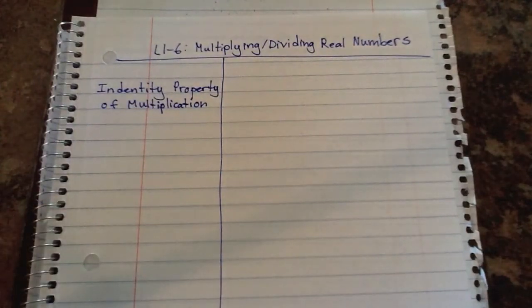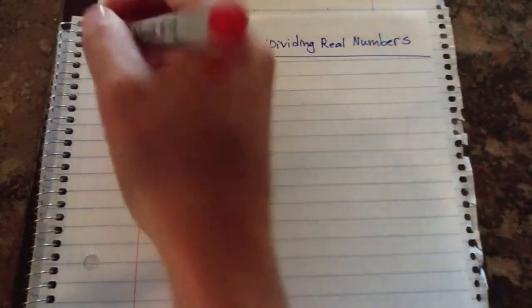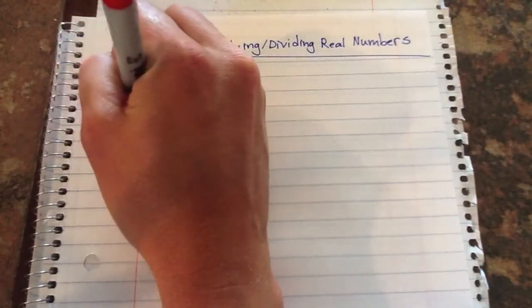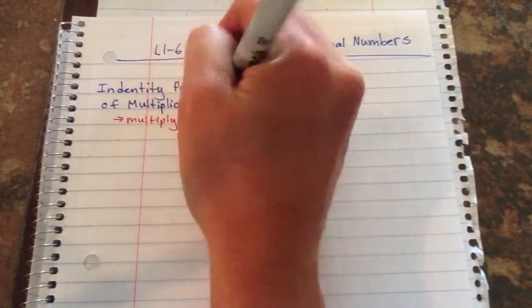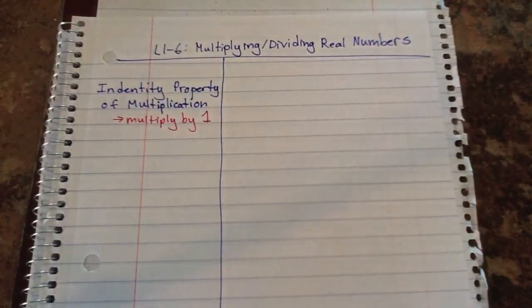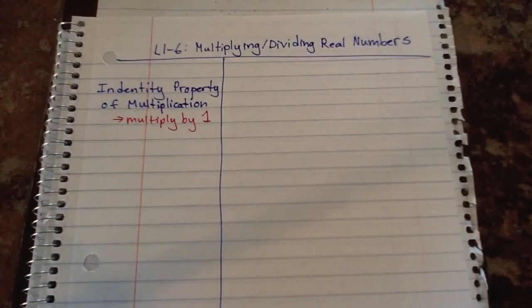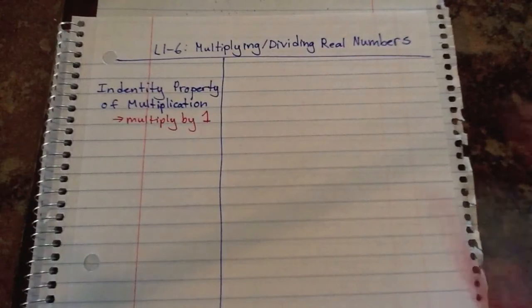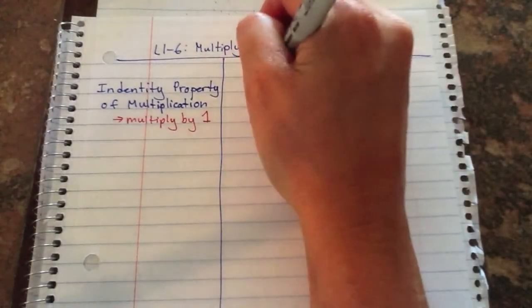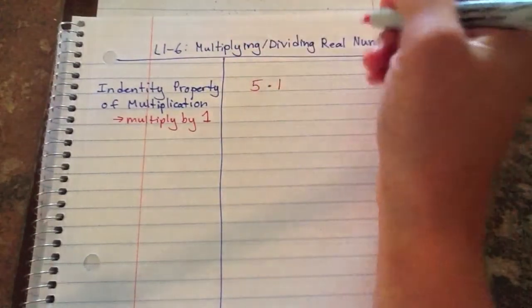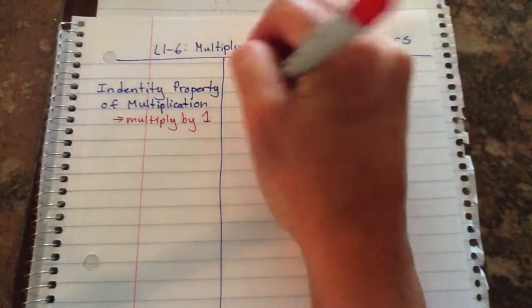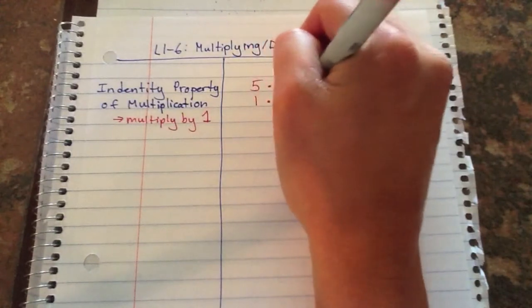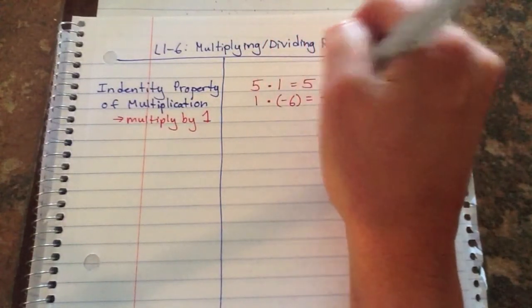It would be multiplying by 1. When we multiply by 1, nothing changes. So if I multiply 5 times 1, I just have 5. 1 times negative 6, I would just have negative 6.